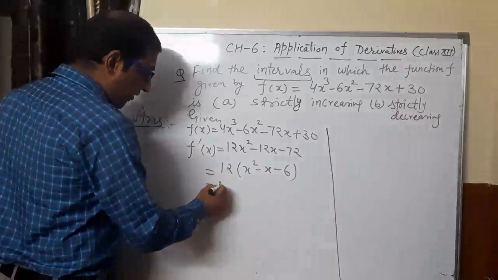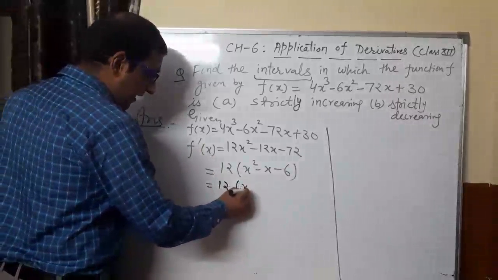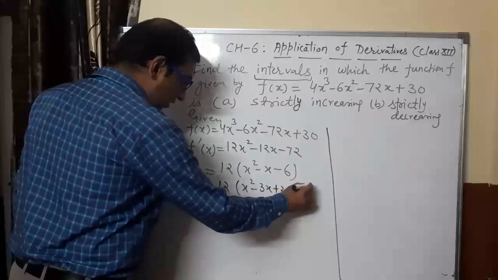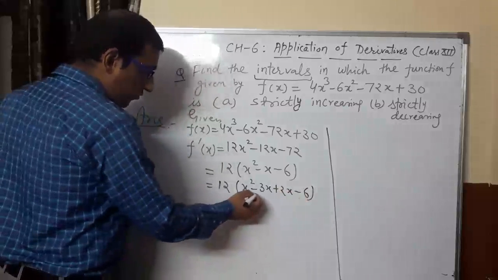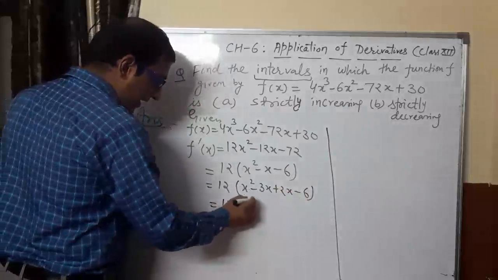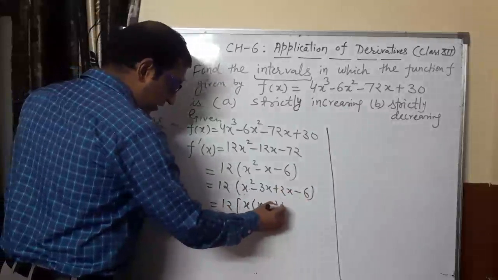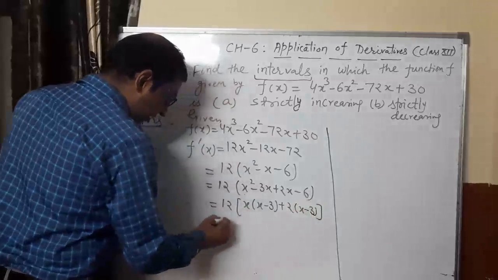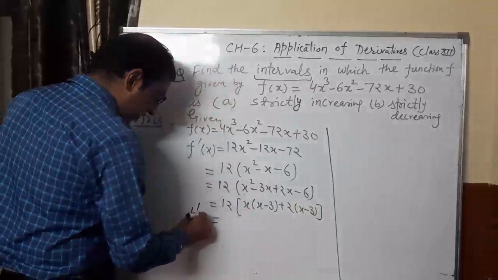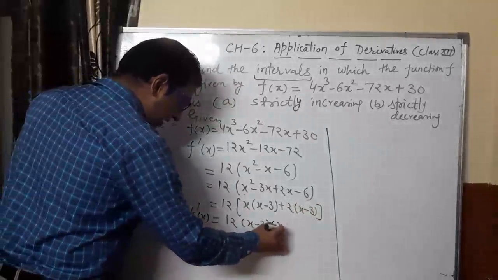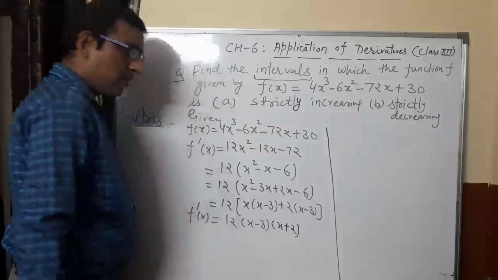So how can we factorize it? It can be written as x square minus 3x plus 2x minus 6. In the first two terms we take x common, so it can be written as x(x minus 3) plus 2(x minus 3). And here we write f'(x) as 12(x minus 3)(x plus 2).